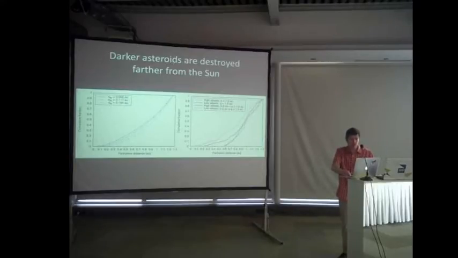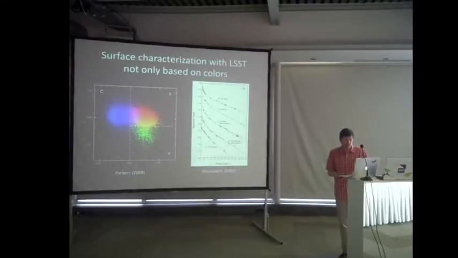Now with LSST, we can look more carefully into this, having also color information. This has been done for SDSS here. It's an example where you can classify based on photometric color cuts. You can classify asteroids into C-type, or carbonaceous, or silicate-rich, or more volcanic types of materials.